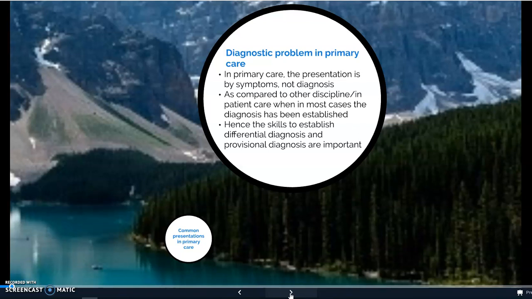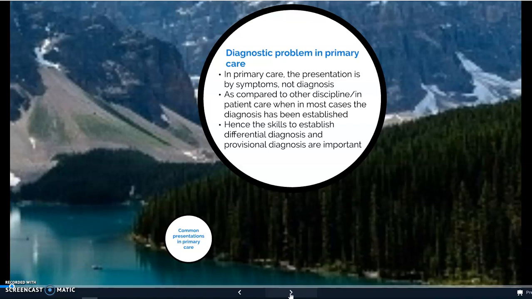So when you receive these patients, you actually have easier steps to make a diagnosis, because these doctors at the emergency department or primary care setting have tried to rule out other provisional diagnoses at their best.